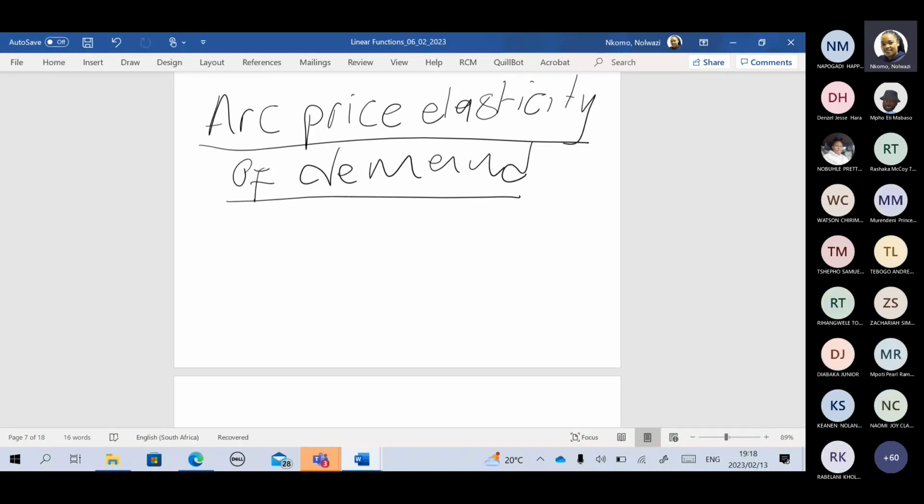Okay, let's move on to the price elasticity of demand. This measures the elasticity of demand over any interval. This is where you are given a certain interval and you are asked to find the relation between the price and the demand.